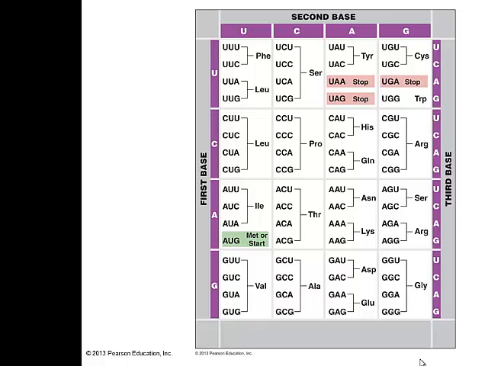If you look on page, I don't know what that page is, 106 and 107, we see this whole thing in an image. For every 3 nitrogenous bases, when I'm making a protein, that's going to equal 1 amino acid.